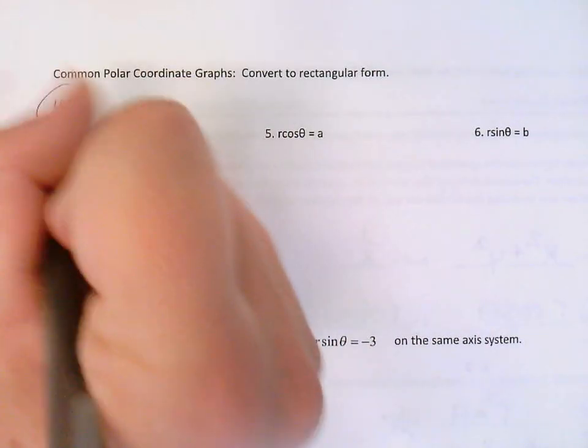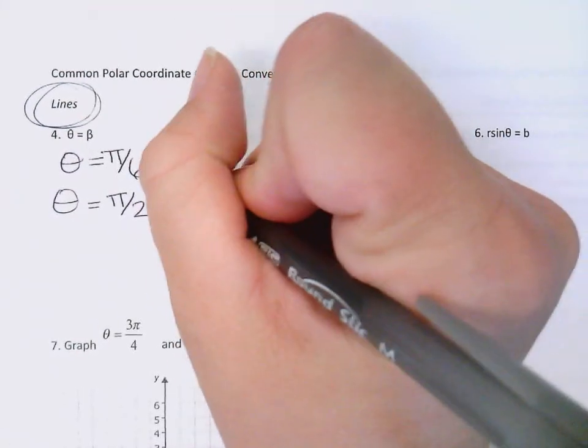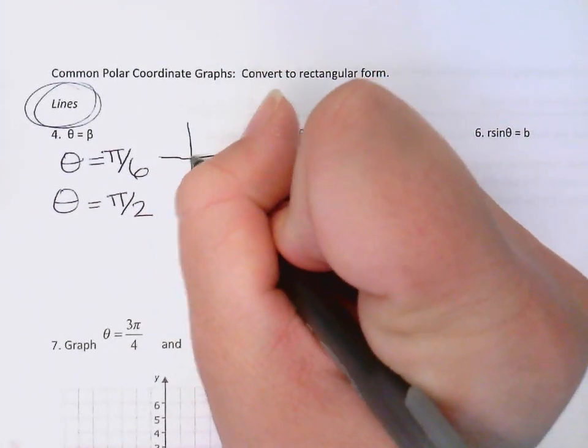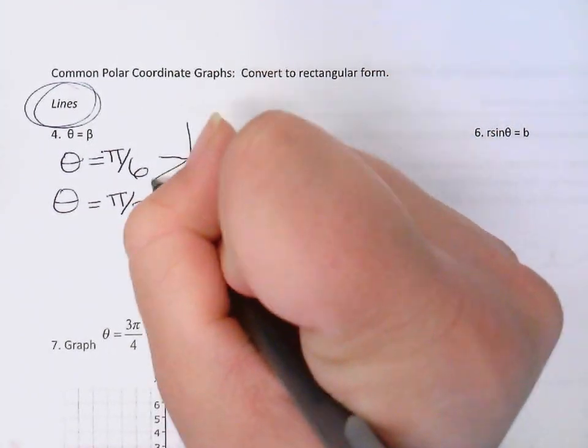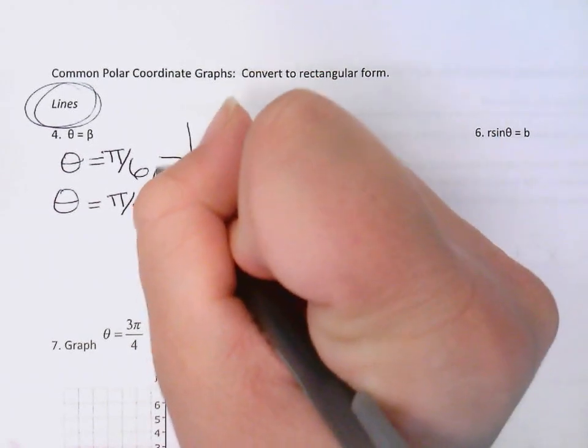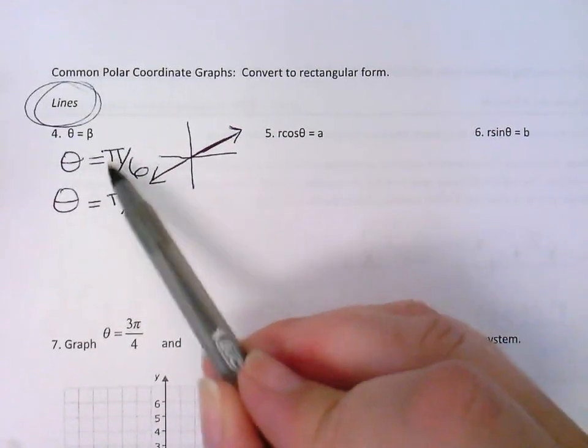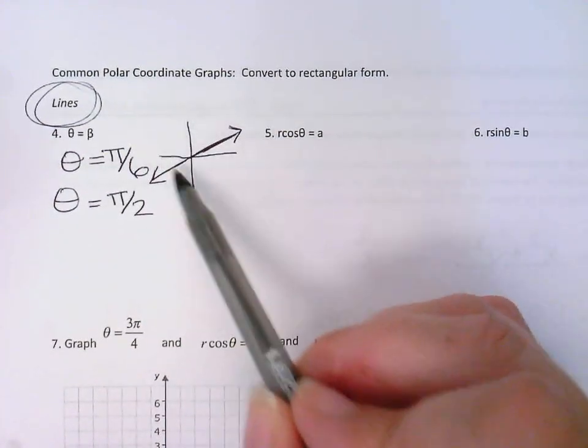They're lines. So theta equals pi over 6 is just a line that goes through the origin at 30 degrees, but it extends forever. So theta equals pi over 6 is another way of writing this line.